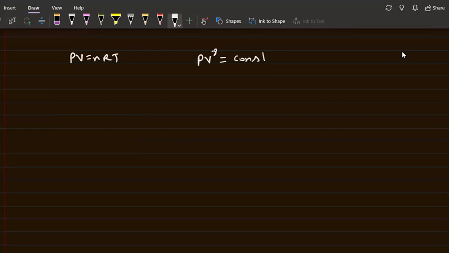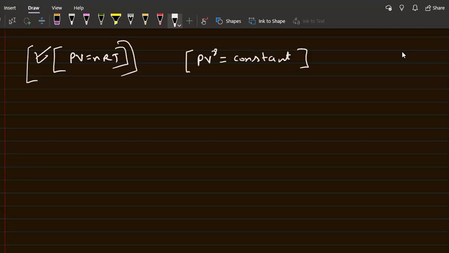So it doesn't mean that the gas doesn't follow PV equals nRT. It does follow this equation. In addition to this, for an adiabatic process, PV to the power gamma will be constant. This is one other relationship just for adiabatic process.